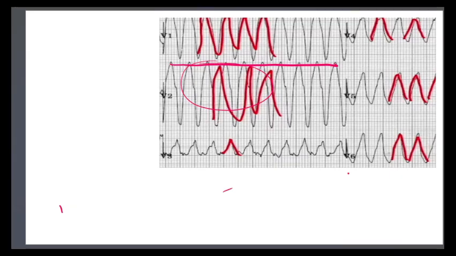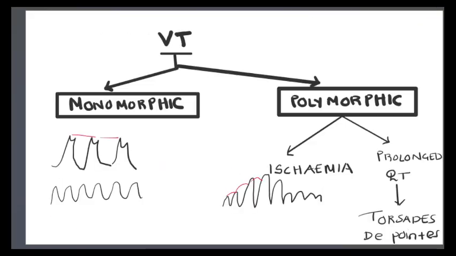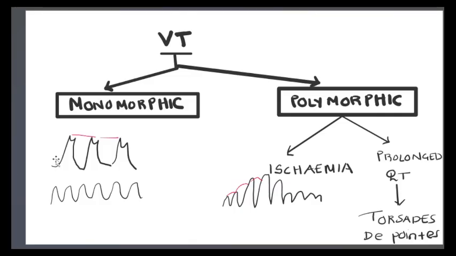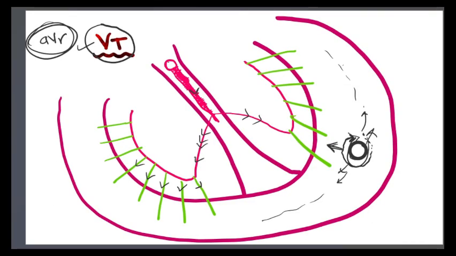In ventricular tachycardia, we have two types. One is monomorphic VT, which is monomorphic because one focus is generating the impulse. That is why you are getting all the waves in the same shape. But in polymorphic VT, instead of one re-entry circuit or focus, there can be multiple foci.